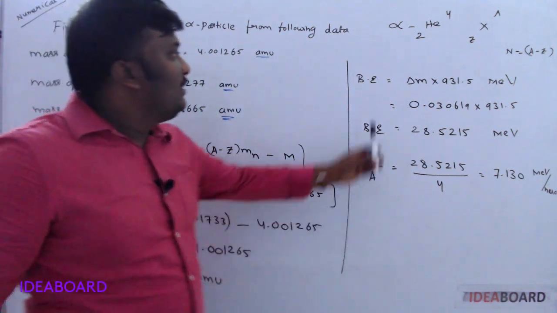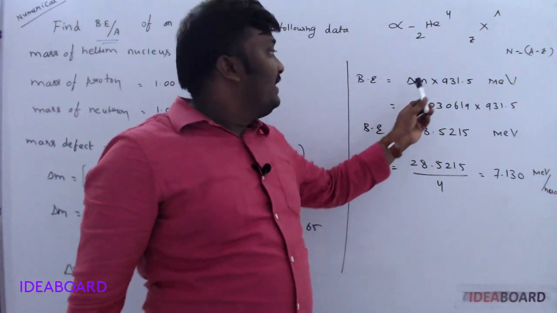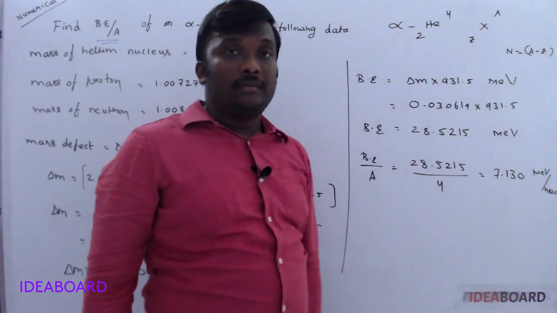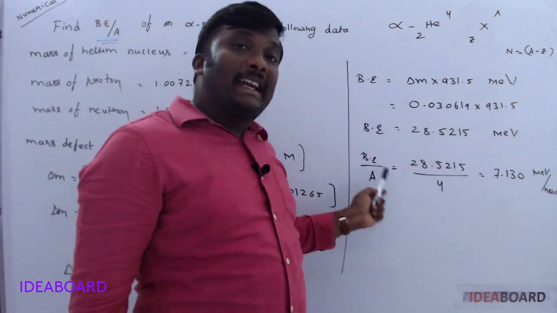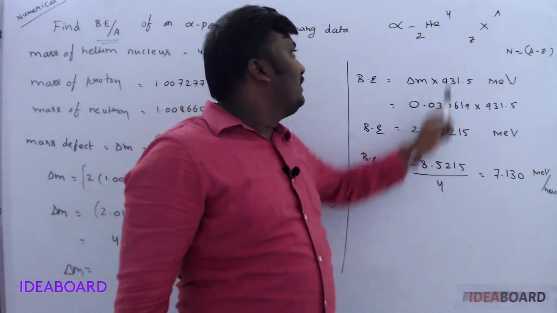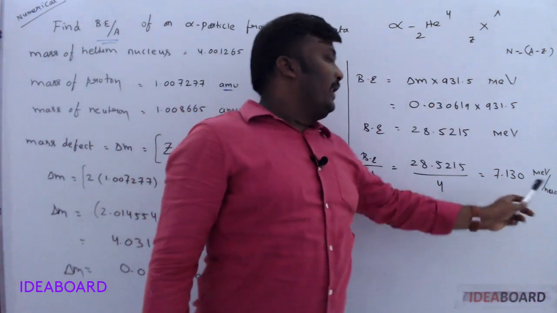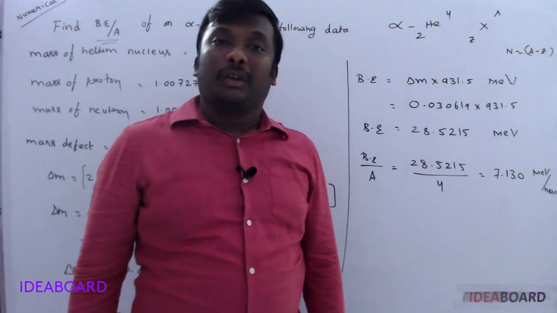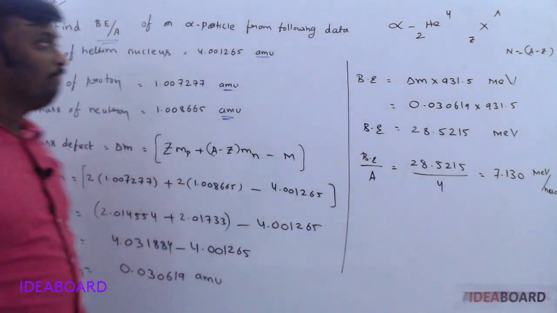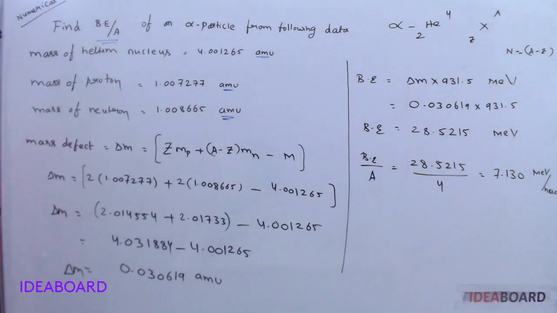After getting the mass defect, the formula for binding energy is delta M into 931.5. Then I got the energy in terms of MeV. Then binding energy per nucleon: divided by the mass number 4, I got 7.130 MeV per nucleon. Clear? Copy it.